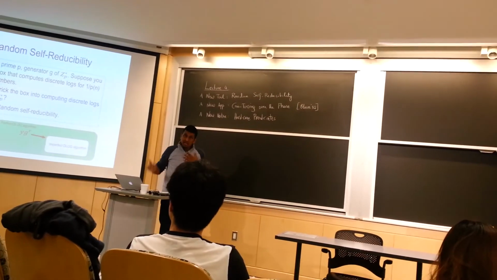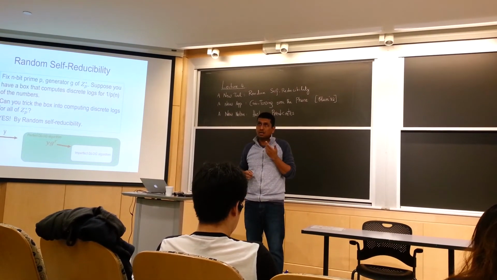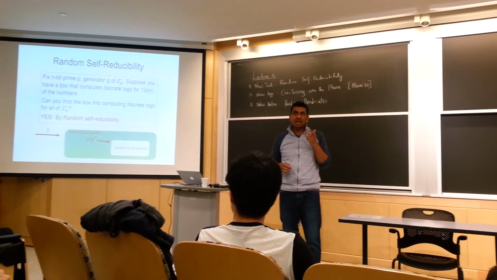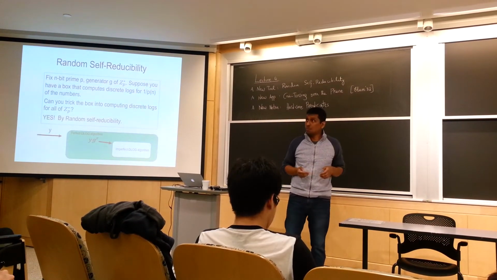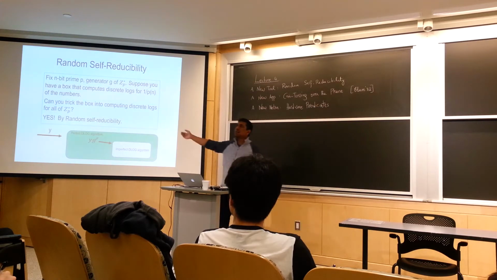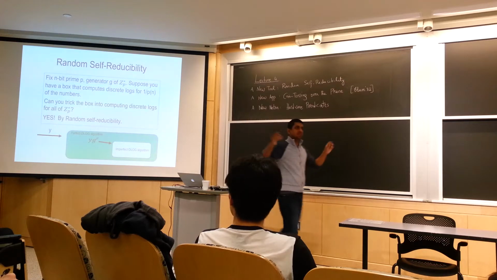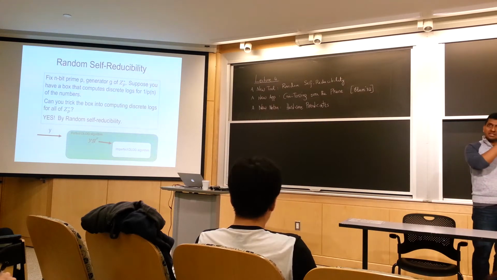What does it do? Like both of you said, pick a random number r, compute g to the r, and multiply by y. So compute y times g to the r mod p. What is the discrete log of y times g to the r mod p to the base g? It is the discrete log of y plus r.